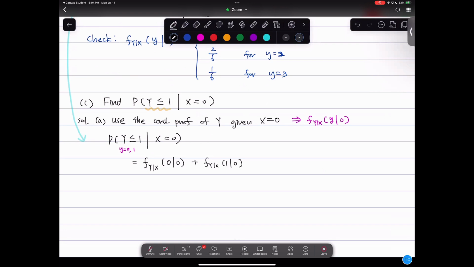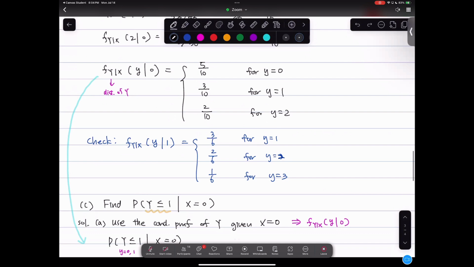So I'm trying to see the y values of 0 or 1. This is my 0, and that's y value of 1. Add them up together. I have y value of 0, which is this, y value of 1, which is this. I want to add them up.